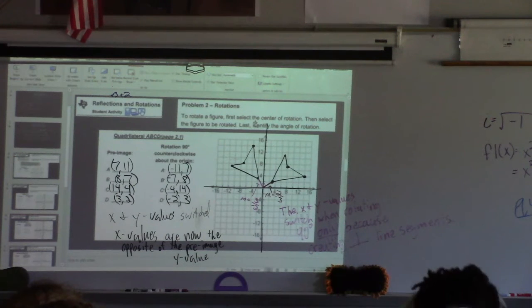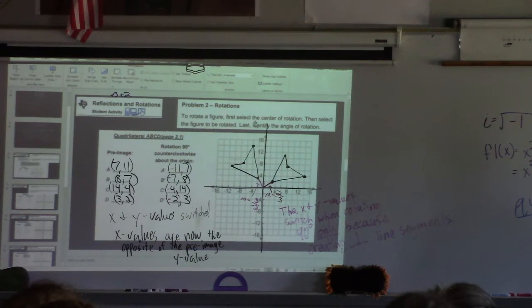No. In order to rotate 30 degrees, you'll either have to get out a protractor and measure it, or use a calculator or a computer system. So that is what we want to notice.